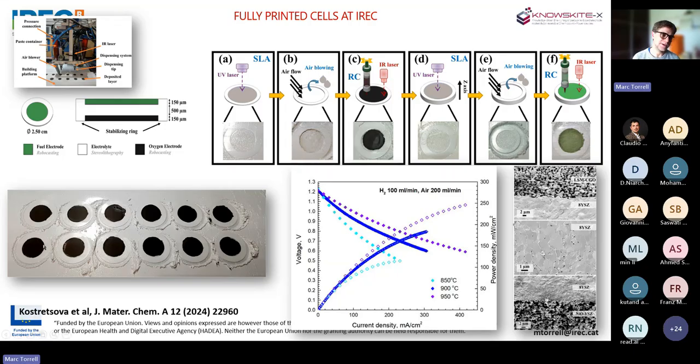But as you can see here, she succeeded. Here we have some of the button cells fully printed by hybridizing robocasting and stereolithography technologies, and here the IV curve of this button full cell achieving 250 milliwatts per square centimeter.